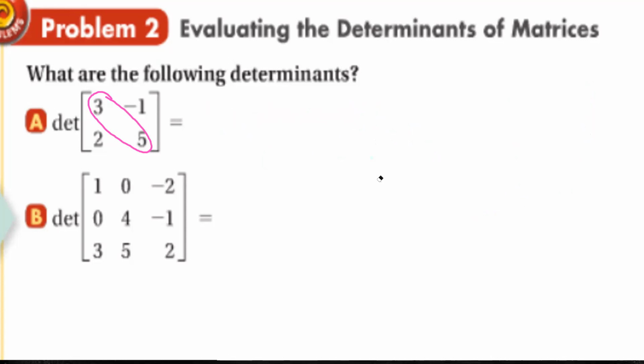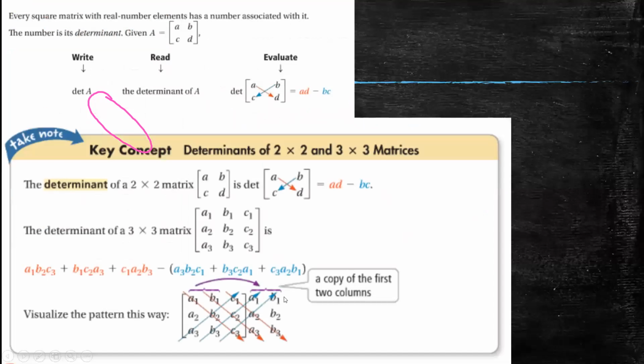Now let's talk about 3 by 3. A 3 by 3 matrix looks like this: A1, B1, C1, A2, B2, C2, A3, B3, C3.